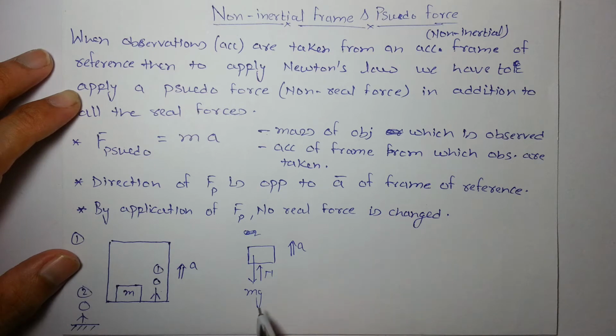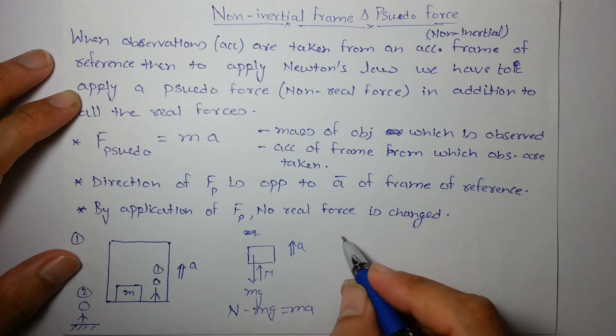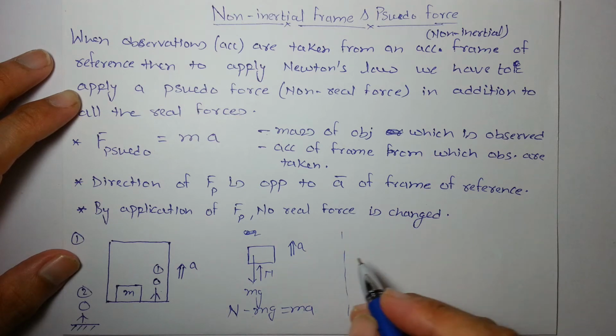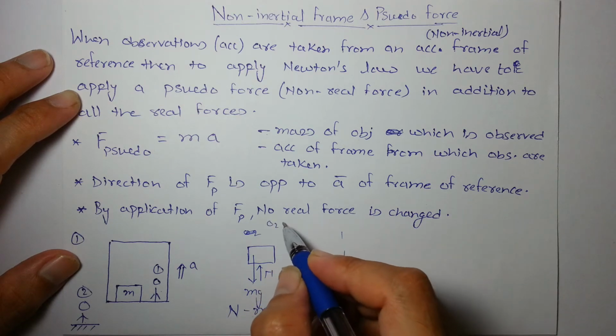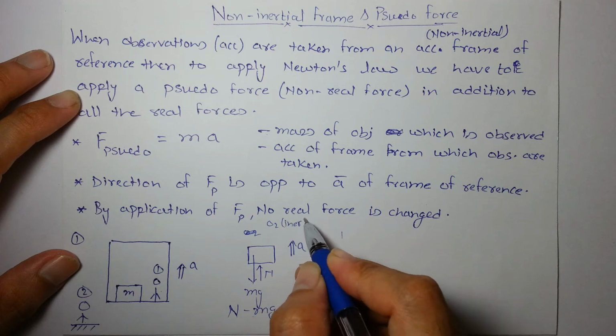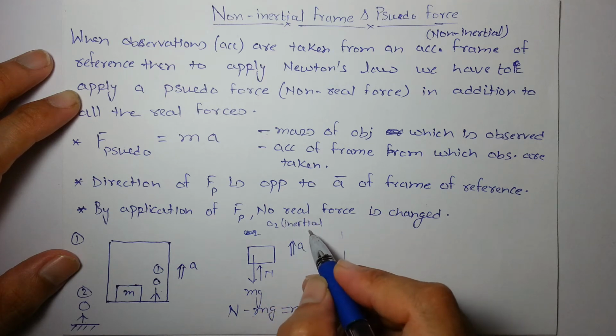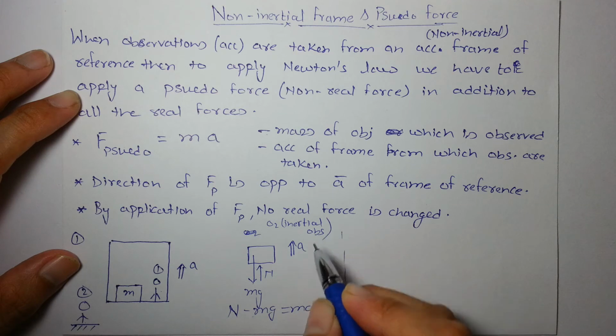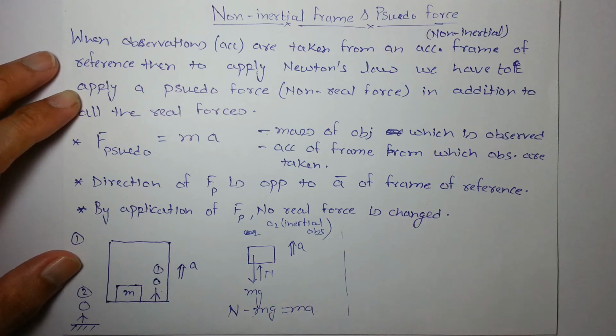So he'll write the equation N minus mg is equal to ma, and for that N will come out to be m(g plus a). As O2 is an inertial observer, or we can say a non-accelerating observer, he will not apply any pseudo force.